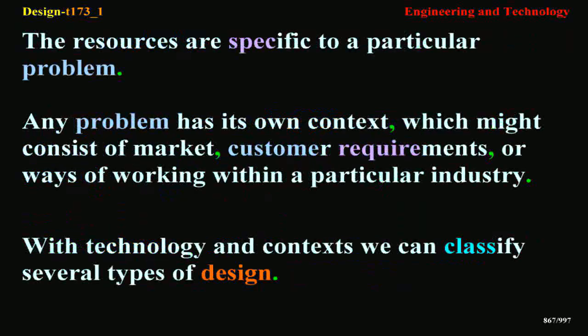The resources are specific to a particular problem. Any problem has its own context, which might consist of market, customer requirements, or ways of working within a particular industry. With technology and context we can classify several types of design.